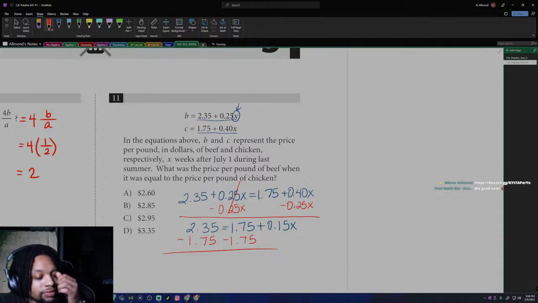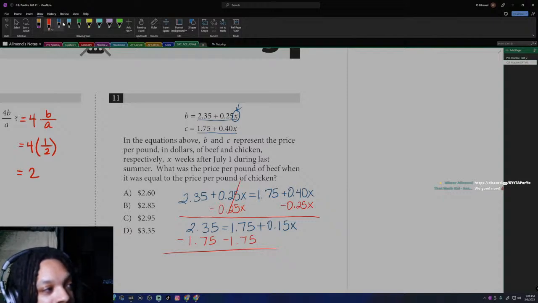Okay. Bro, $2.35 minus $1.75. All right, let's think about this. If I got $2.35 and I take away $1, then I got $1.35. And then I gotta take away 75 cents from 1.35.